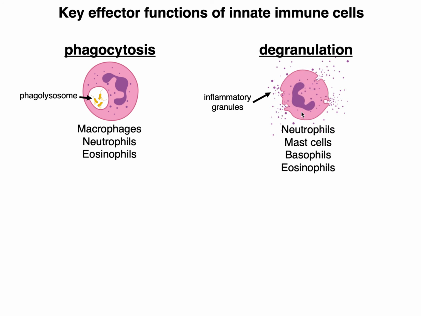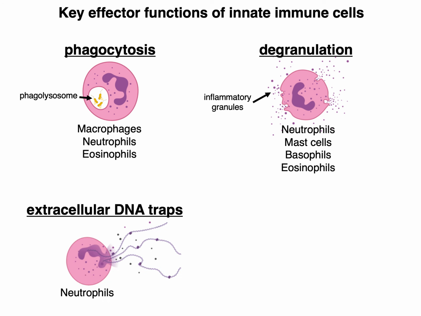Some of these cells have cytotoxic granules, and when they get activated by exposure to pathogens, they start spitting these granules out. And these granules are highly inflammatory and have a number of effector molecules that are toxic for pathogens.